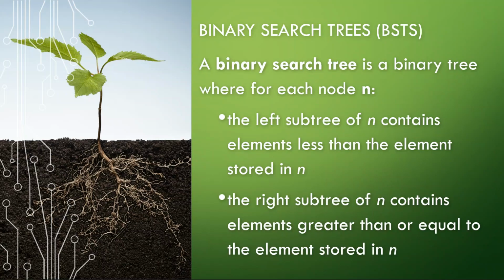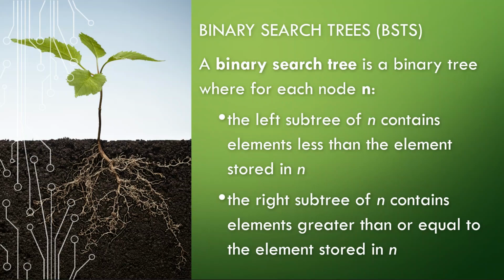and maintain it. Now, a binary search tree specifically is a binary tree, meaning every parent can have at most 2 children. We could have 0, 1, or 2, but no more than that.